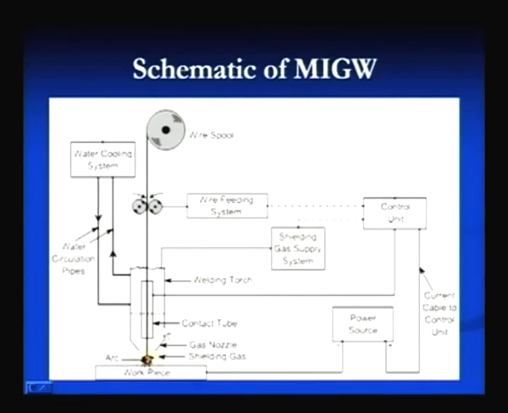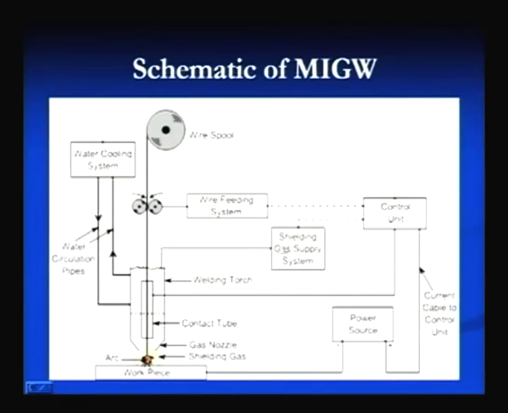Here this is the contact tube which is in firm electrical contact with the electrode wire, and this entire assembly is called welding torch. Here the water cooling system is used to feed the water in the welding torch, so the temperature of the torch can be maintained within the safe limit, but this water cooling system is mainly used with welding torches of the higher current rating above 200 ampere.